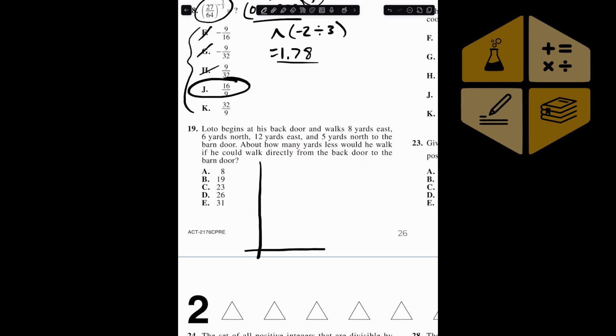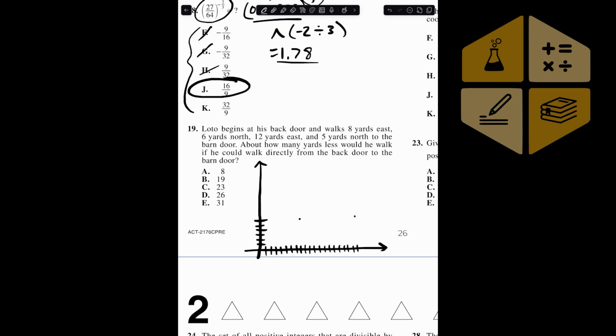So I'm going to draw a graph out like this. He goes 8 yards east. 1, 2, 3, 4, 5, 6, 7, 8. So he's right there. Then 6 yards north. 1, 2, 3, 4, 5, 6. So now he's here. And then he goes 12 yards east again. 1, 2, 3, 4, 5, 6, 7, 8, 9, 10, 11, 12.